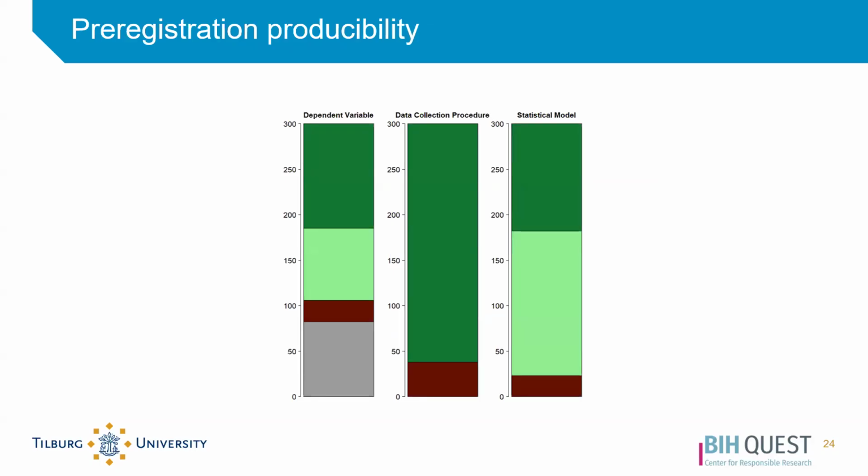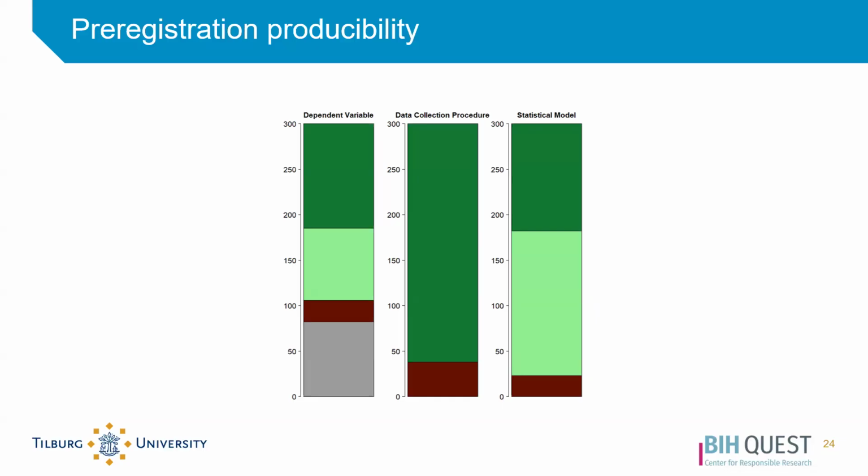Reproducibility, we also looked at that. So these are three important elements of a study that should be reproducible from a pre-registration: dependent variables, how the data was collected, and the statistical model. Dark green means good. It was described in a lot of detail. Light green means it was described, but not in a lot of detail, so not perfect.